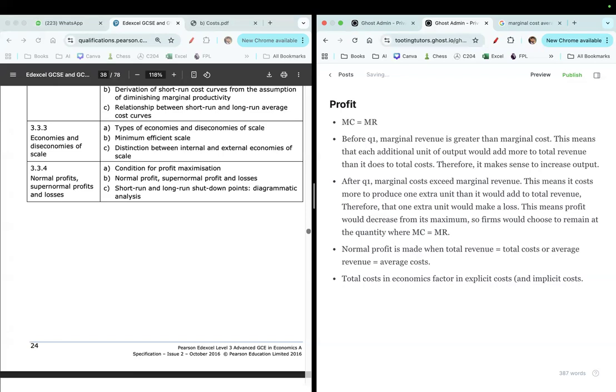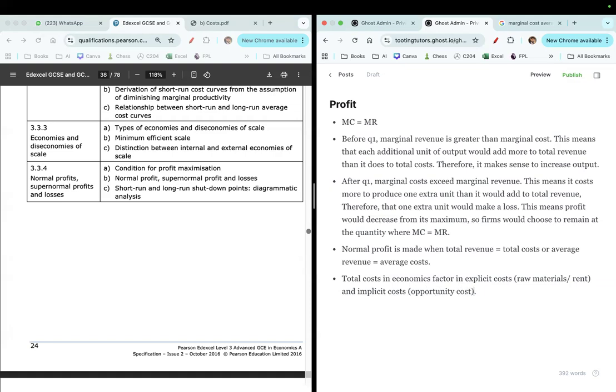They're obvious to see: raw materials, rent, all of your fixed and your variable costs. Do you know what I mean by implicit costs, the hidden costs of doing something? Could it be like the time that you spent cutting someone's hair, because you could have spent your time doing something else? Yeah, perfect. What's the word for that? Opportunity cost. Well done.